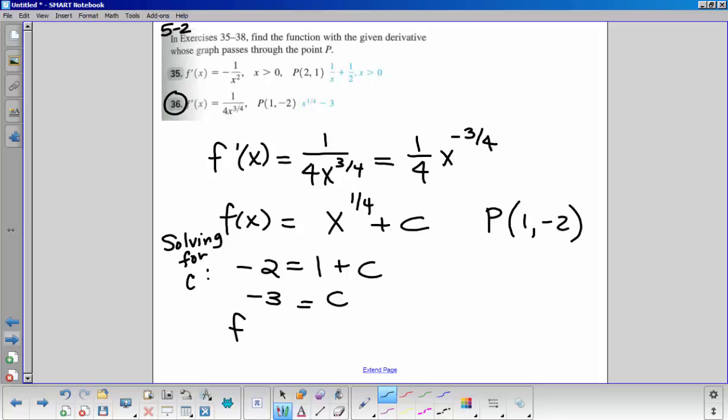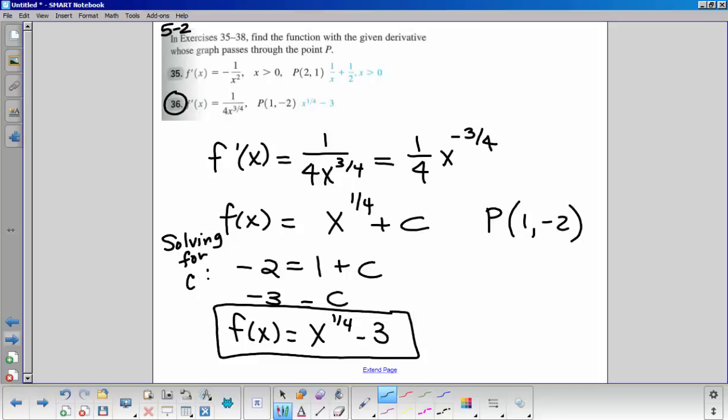So I could say that my f of x, from whence this derivative came, is x to the 1/4 minus 3. It's just asking you to go backwards. That was simple. Okay?